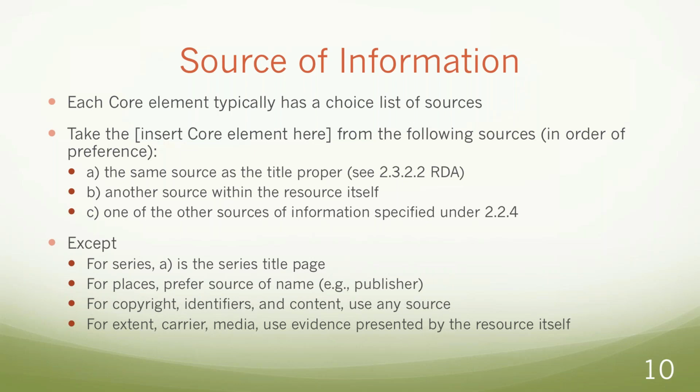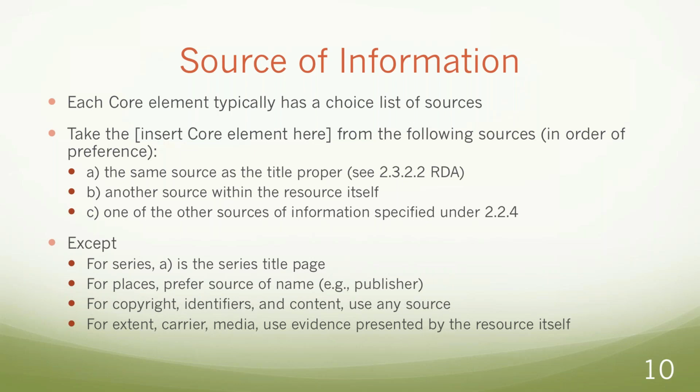We're talking about still images, which are usually going to be one piece of paper or one flat something or other, card, canvas, something like that. The resource itself is going to be pretty simple to inspect, right? So that'll be a little easier to identify. If you can't take it from within the resource itself, then you can go to some other sources that are specified under RDA 2.2.4.